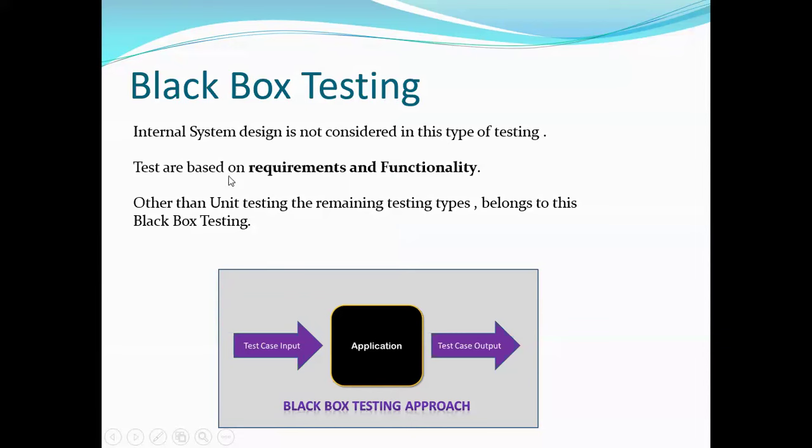Okay. So always say what the importance of testing is. See, for black box testers, internal system design is not considered in this type of testing. I'm ready to test any kind of application. If it is a Python related application, I'm ready to test. If it is a .NET related application, I'm ready to test. If it is a Java related application, I'm ready to test, because internal system design is not considered in this type of testing.